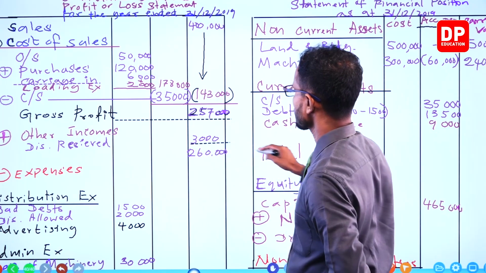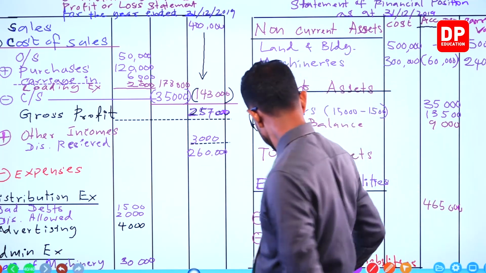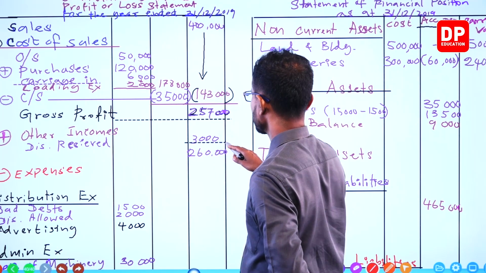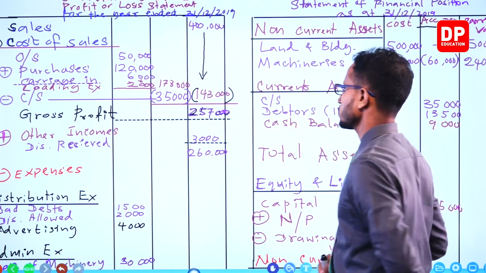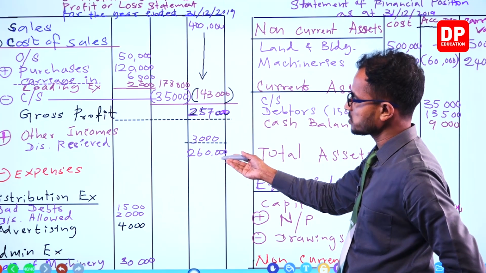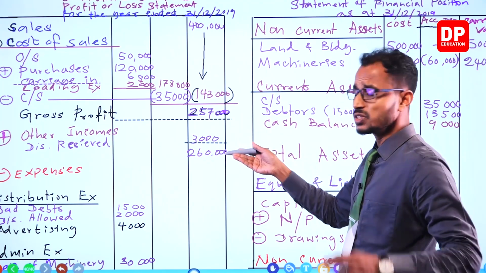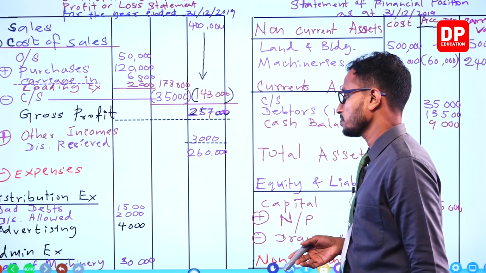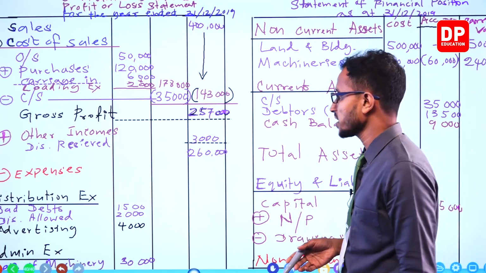Just to make it clear for you, 260,000. Don't draw these bits and pieces on your paper when you're answering.